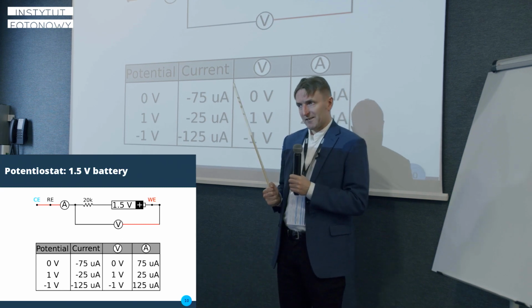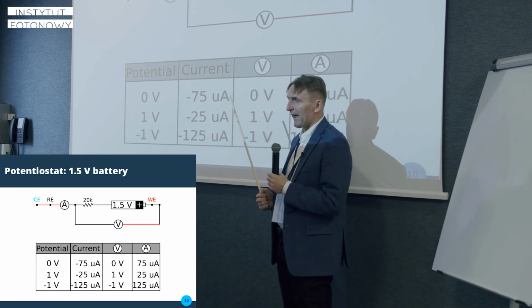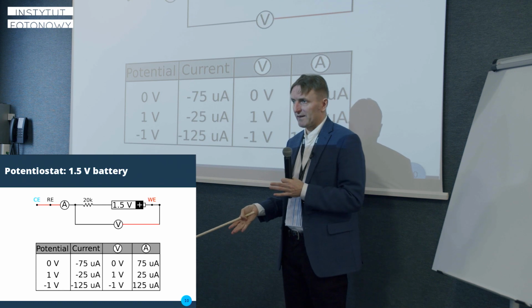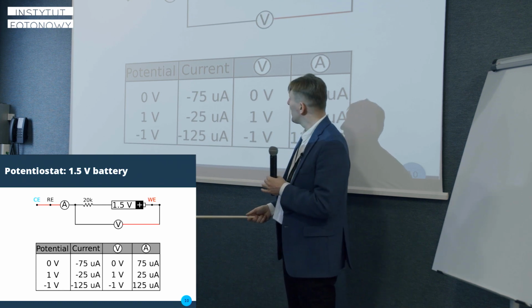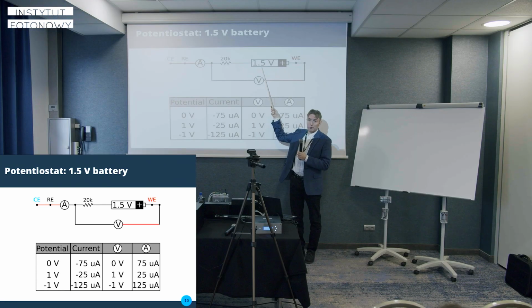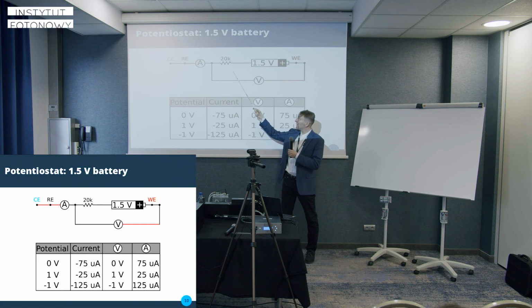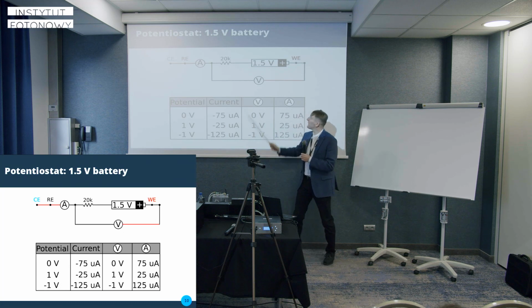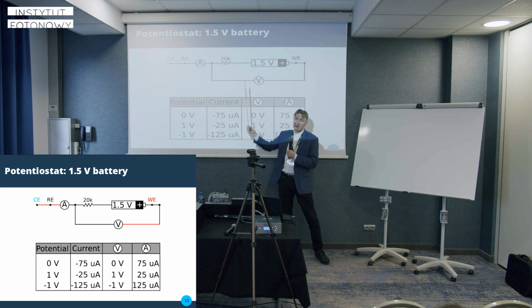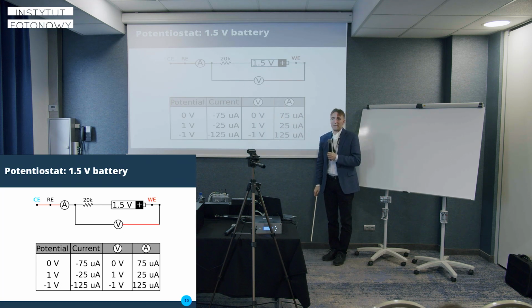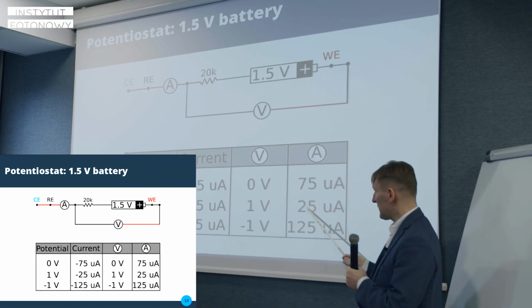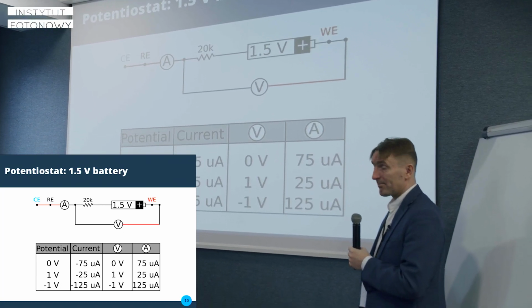But we need to adjust current to do this. And the potentiostat will do just that. It will adjust the current. So when we need to drop this 0.5 volts, half a volt, on that resistor, we divide 0.5 by 20 Ks, by 20,000 ohms, and we will get this value.